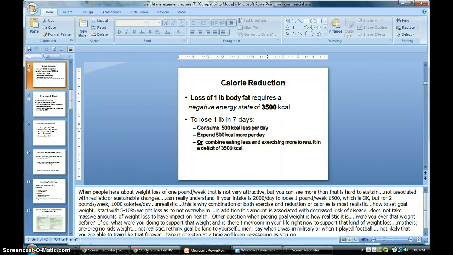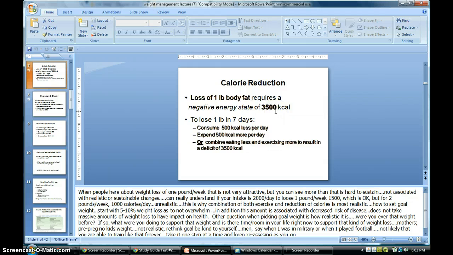So they need to be in a deficit of 500 calories every day to, by the end of the week, be in a deficit of 3,500 calories and to take off a pound. So if someone needed 2,000 calories a day to maintain weight, in order for them to lose 1 pound a week, they would need to eat 1,500 calories to have that 3,500 calorie deficit.